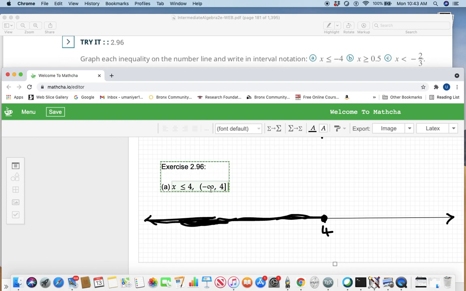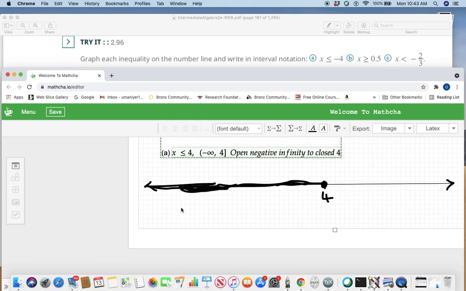Remember, for infinity or negative infinity, it's always parenthesis. For filled in points, it is bracket. So the interval is read as open negative infinity to closed 4. All right. Next.